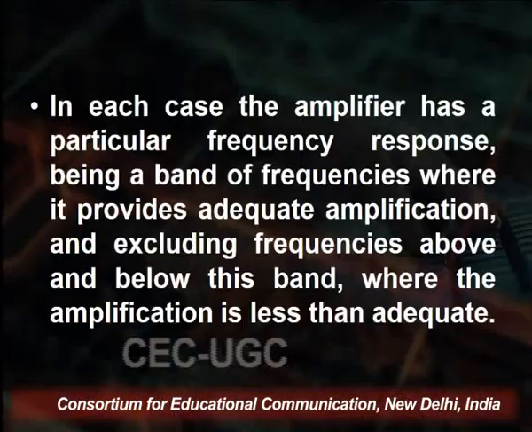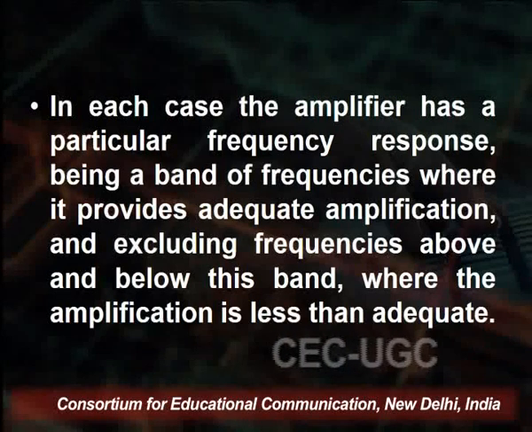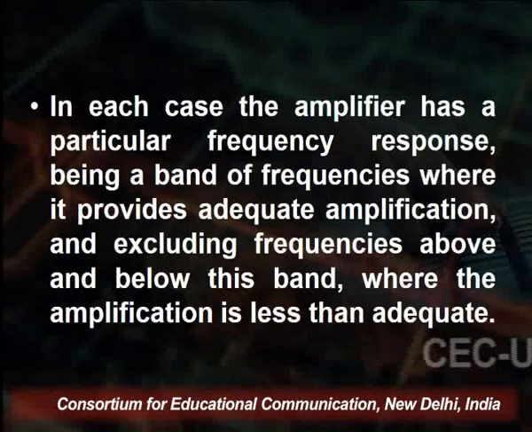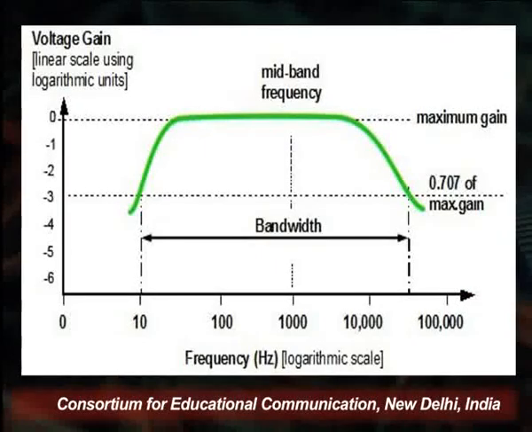So in each case the amplifier has a particular frequency response, being the band of frequency where it provides accurate amplification, excluding the frequencies above and below this band where the amplification is less than adequate. So the frequency response will be defined by this. You see here in the diagram the voltage gain, and here is the frequency.